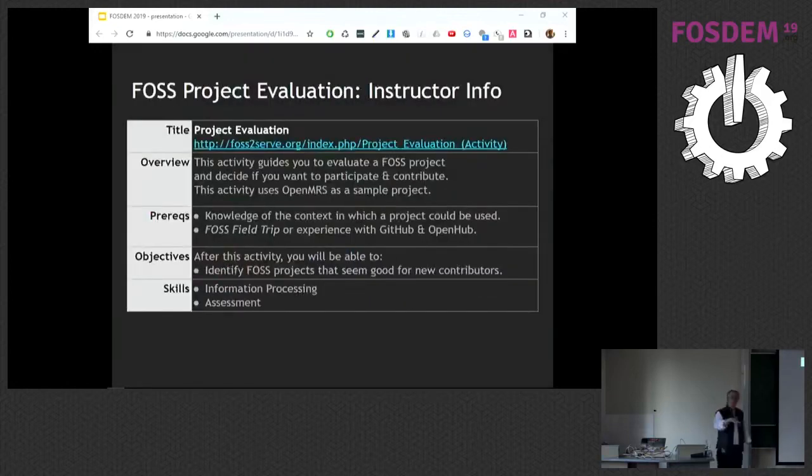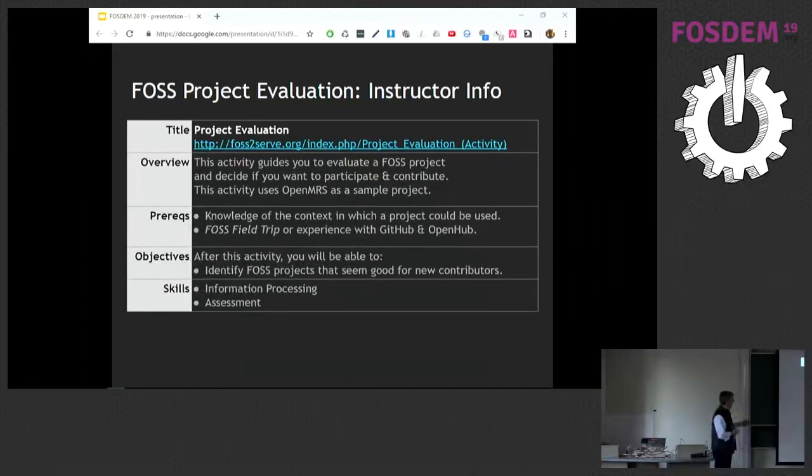So I want to walk you through one of the activities that I think will help you think about this onboarding process. What could projects do to help students get on board? What can faculty do to help make those connections? This is an activity we do to evaluate a project that you might want to join and get involved in.